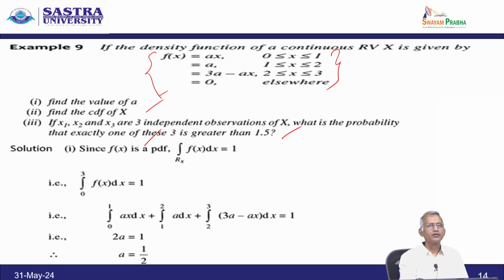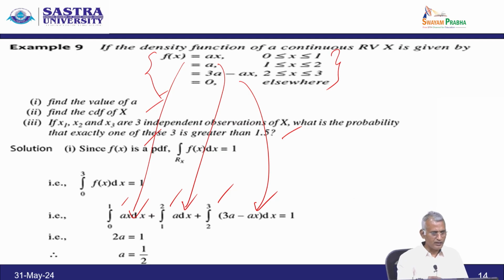So let us split it into 0 to 1, 1 to 2, and 2 to 3. For 0 to 1 the value is ax, for 1 to 2 the corresponding value is a, and for 2 to 3 the corresponding value is 3a minus ax. Now, we have to integrate.